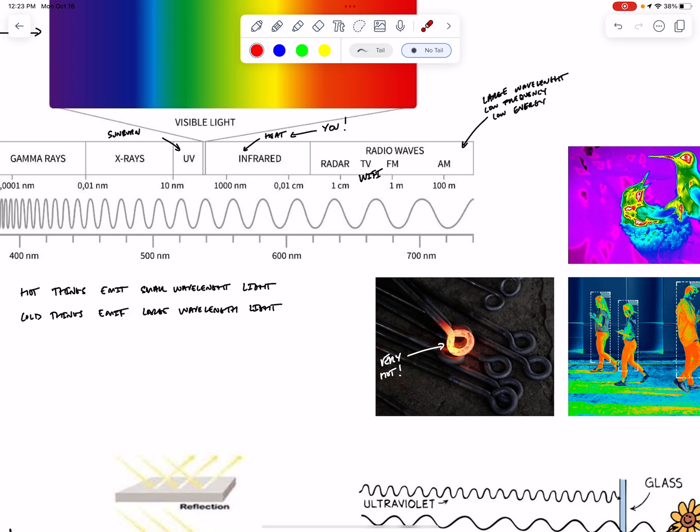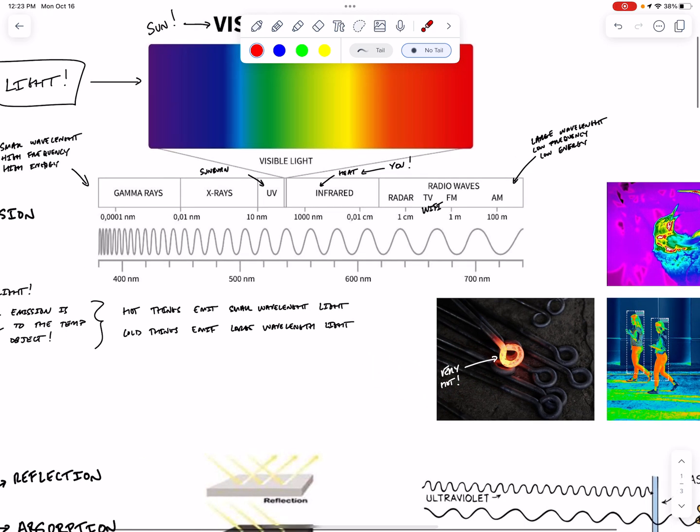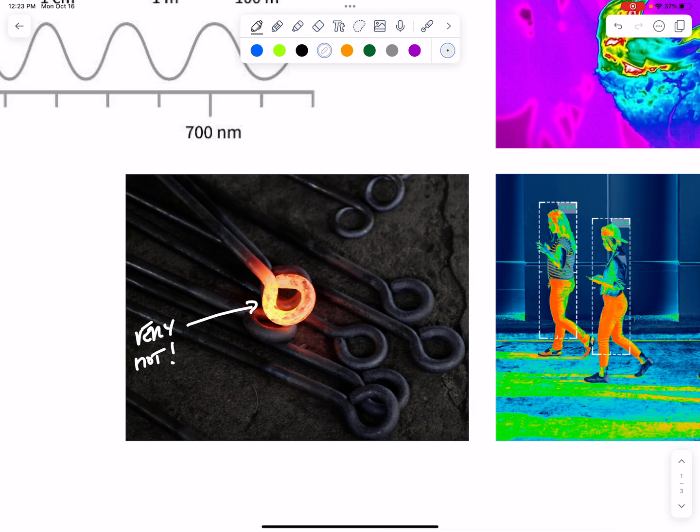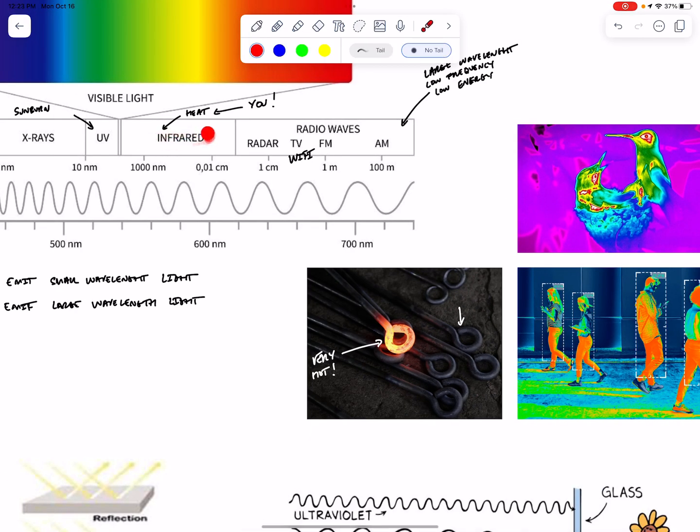Now it's in the visible spectrum. So as you heated it up, now it's emitting something with a smaller wavelength of light. These other pieces of forged metal, they're also emitting light, but they're not quite as hot. So they're emitting infrared light.